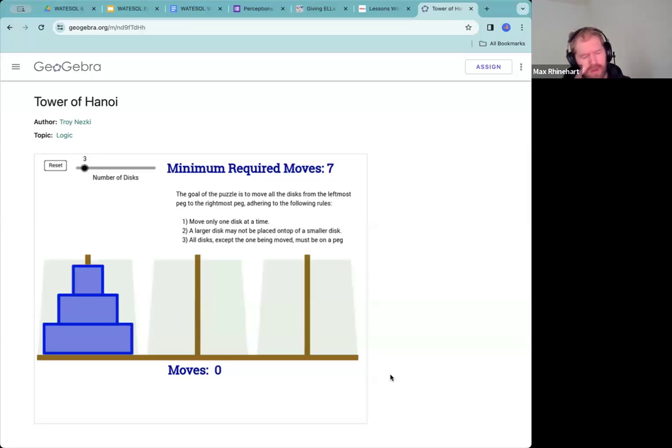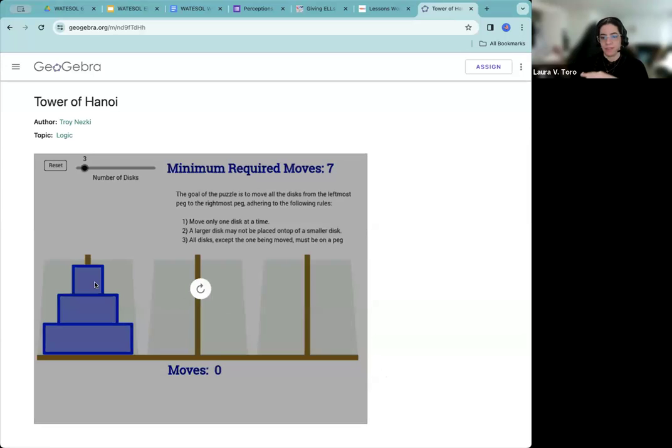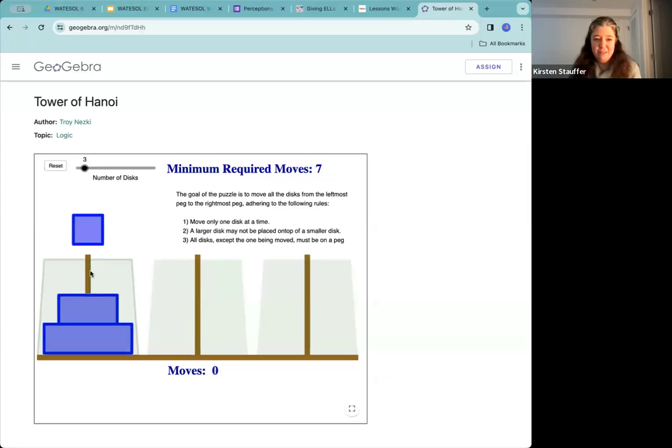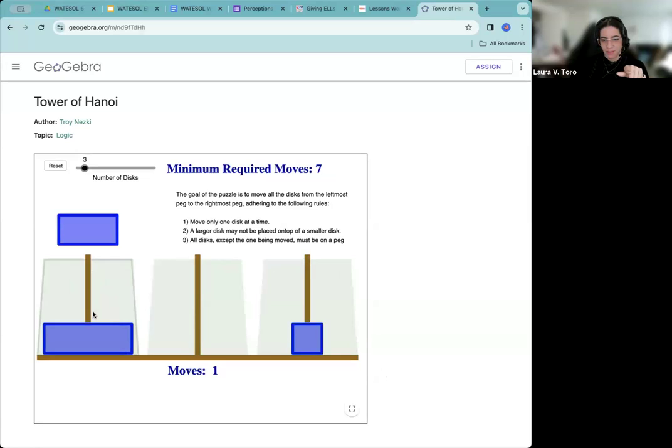And we can move from any column to any column, right? Yes, as long as a larger disk is not placed on top of a smaller disk. Top figure to the right, to the third column. To the 3rd column. So we'll take this one to here. Middle figure to the second column.